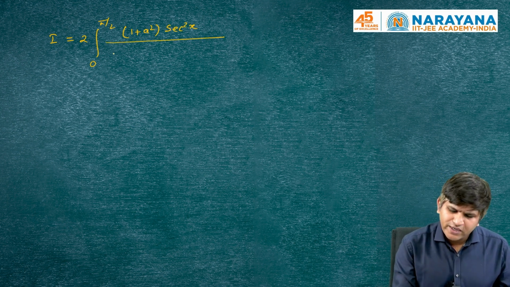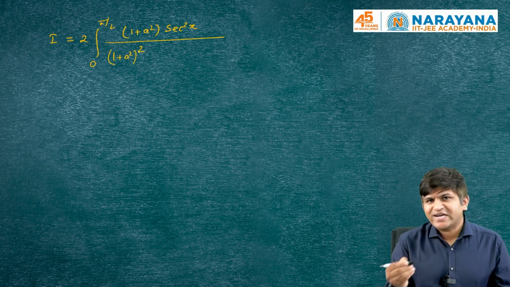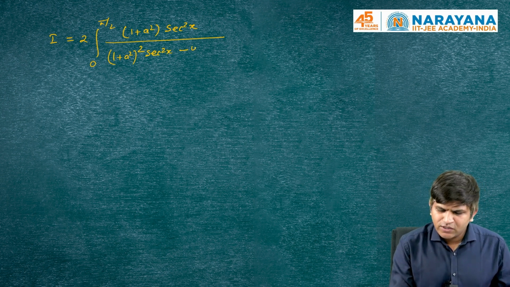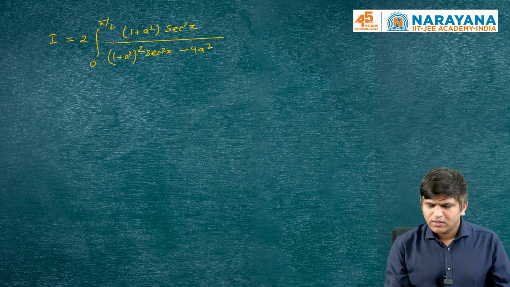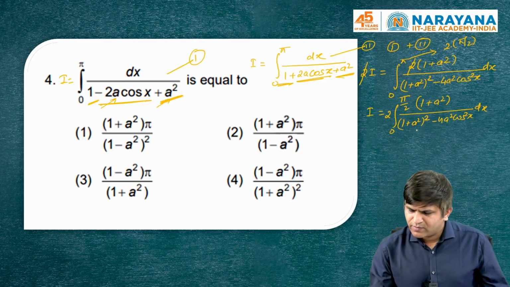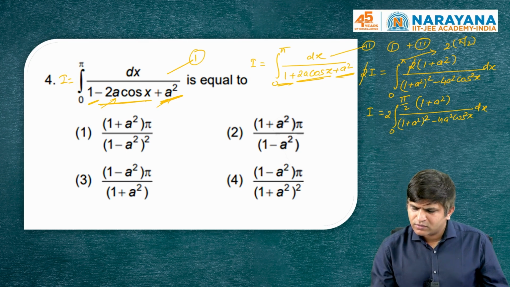In the denominator it is 1 plus a square whole square divided by cos square x will be sec square x and minus 4a square. Okay, let's once check. So this is 1 plus a square whole square sec square x minus 4a square, correct.